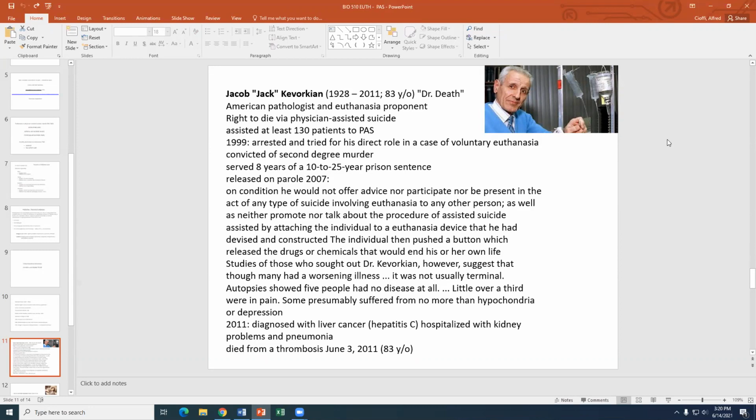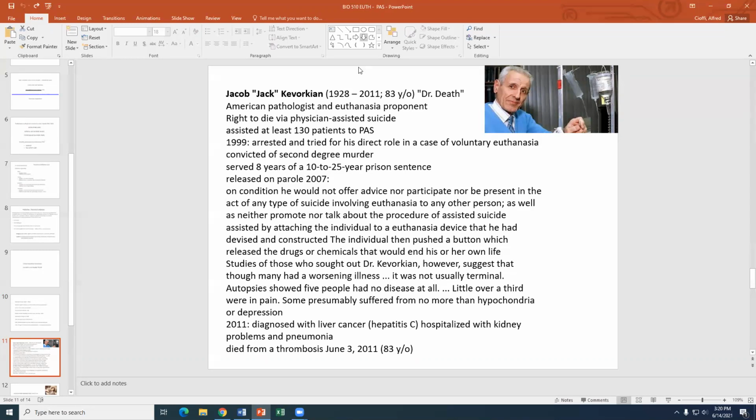So he was very familiar with death, and he was convinced that people had a right to kill themselves if they wanted to. That was his philosophy, and he actually acted on it when it was still illegal.